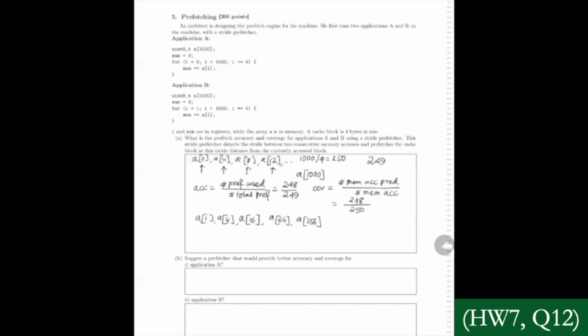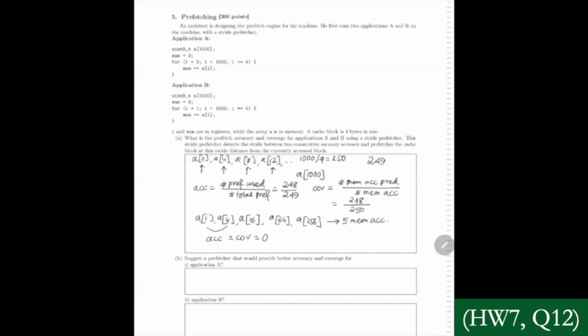So that means in total, the program would make only 5 memory accesses. But in this case, there won't be a constant stride between these accesses. And as a result, the stride prefetcher cannot prefetch any of the cache lines, and the prefetch accuracy as well as coverage both will be 0 for application B.